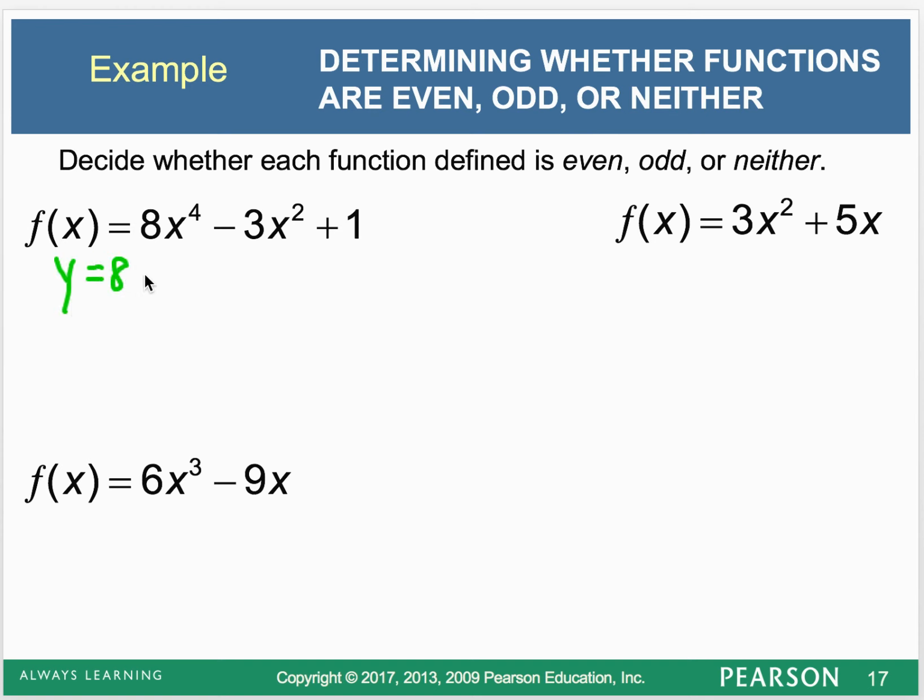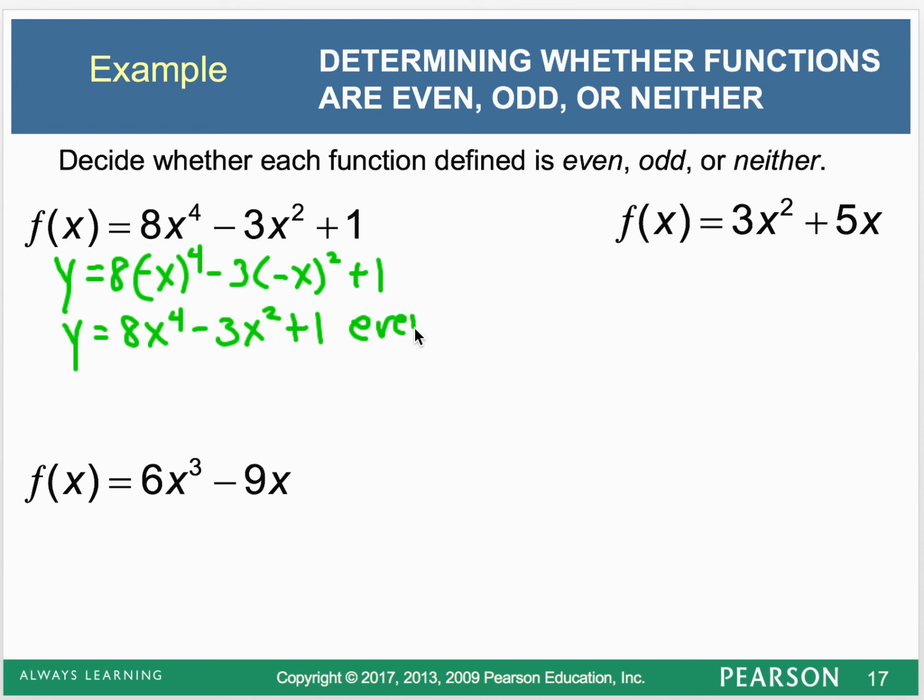So 8 negative x to the fourth minus 3 negative x squared. And because these are both even exponents, it gets rid of those negatives. So this one is even. It can't be even and odd both. It's either even or it's odd. So that one's even.